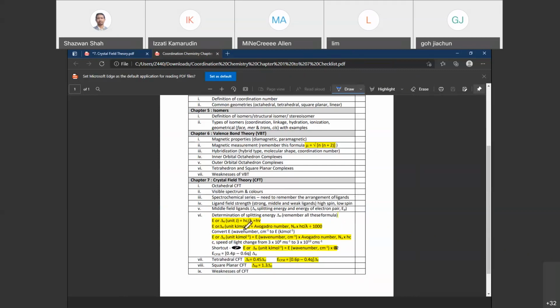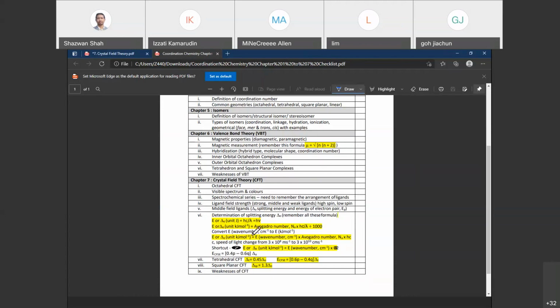And also for the formula and unit, sometimes the question gives you frequency or wavelength, so you should be able to convert all these formulas. Sometimes they give you moles, so you have to divide by the Avogadro number or constant.